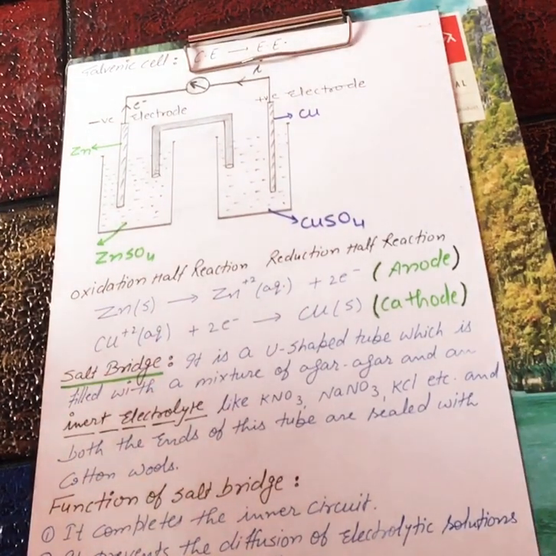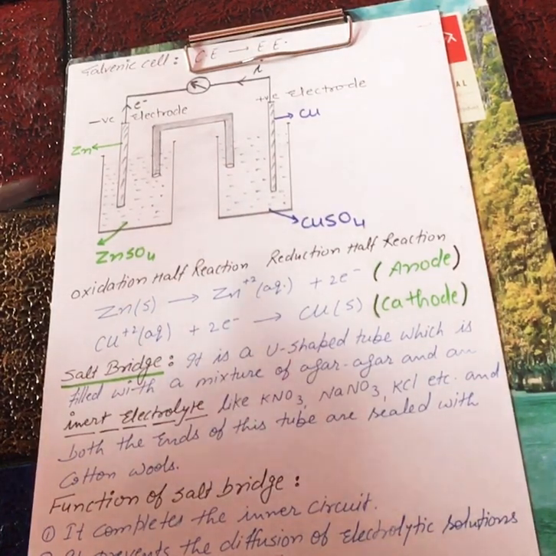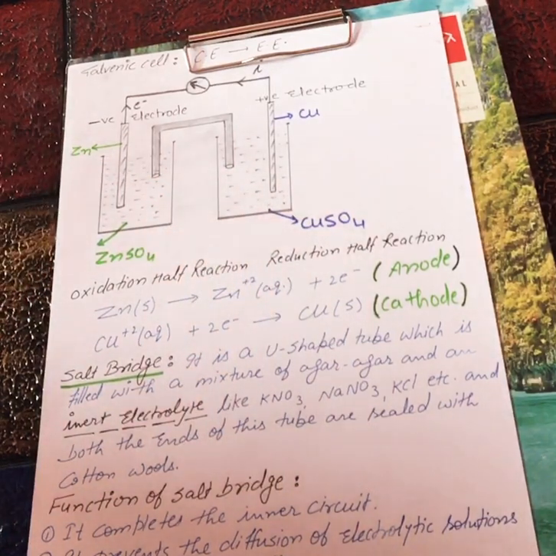Okay, and particularly in a galvanic cell we can say the anode will produce electron pressure. Electrons will produce pressure on the anode.